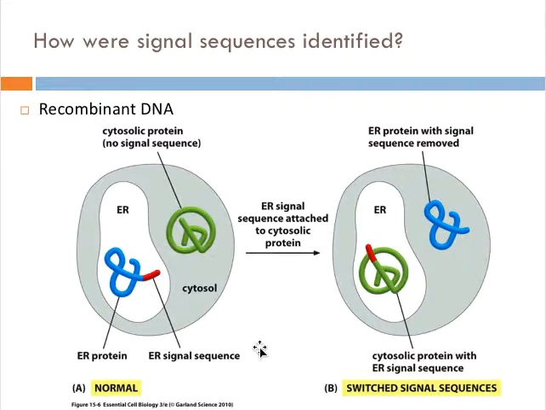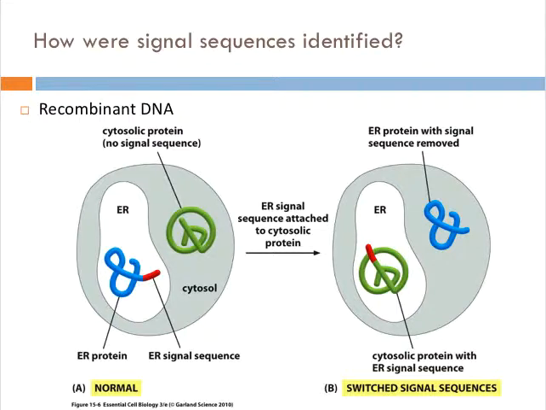So what happens if we take this ER retention signal and move it to this cytosolic protein? The protein moved. What we ended up with is a cytosolic protein sitting in the lumen of the ER, and then a protein that did not have a signal sequence anymore, so it ended up staying in the cytosol.